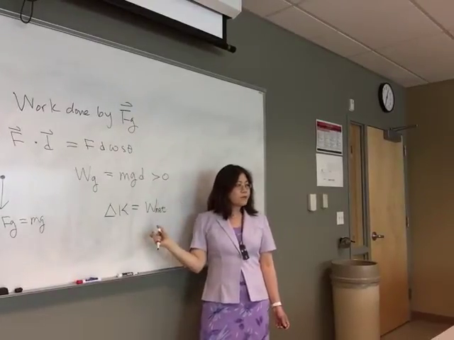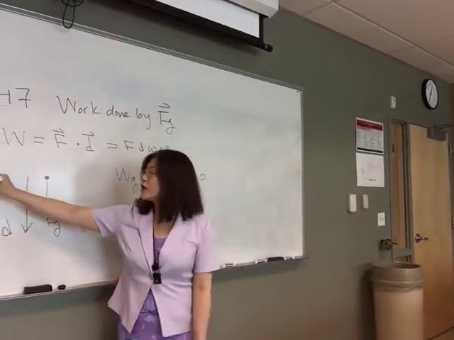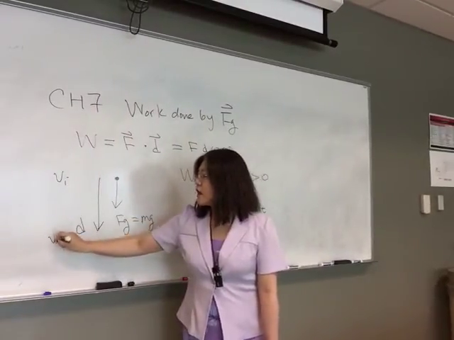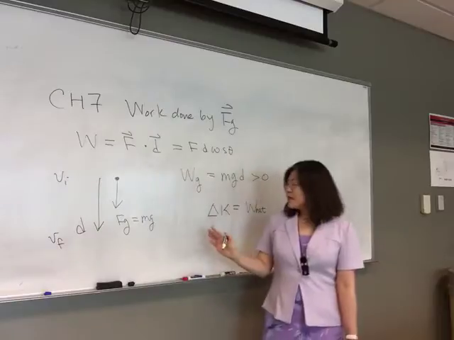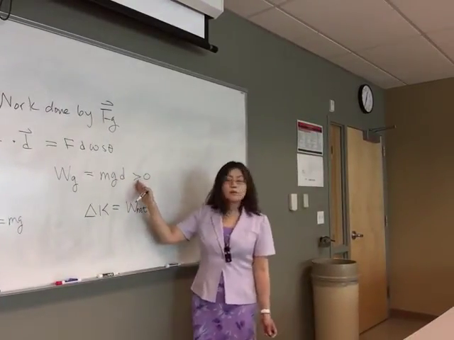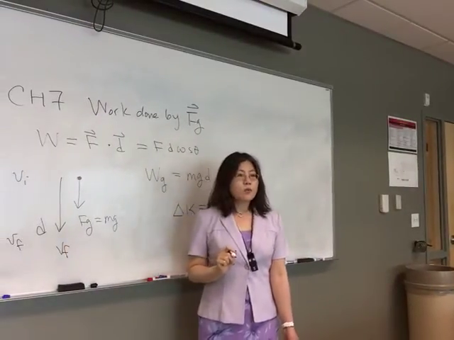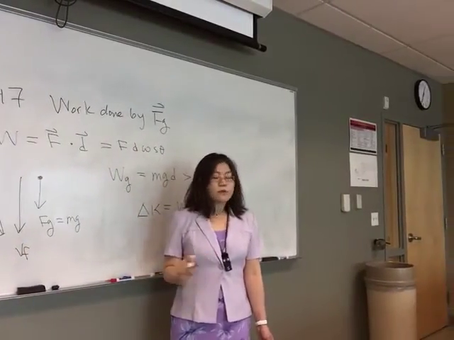What does that mean? Let's say the initial velocity is this, the final velocity is this. If the kinetic energy increases because delta K is greater than 0, it means that your final velocity has to be greater than the initial velocity, right?